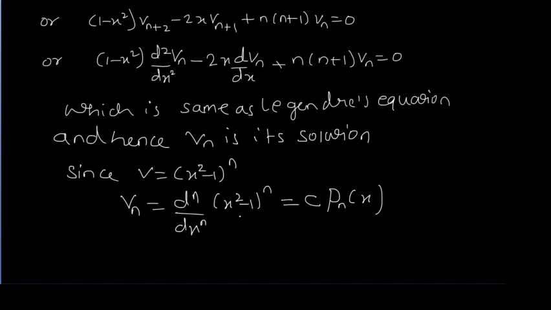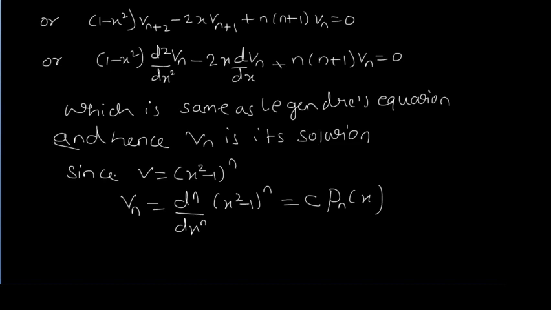Why Pn of x? Pn of x is a Legendre's equation of first kind, where you obtain all the terms as multiples of x square minus 1. So therefore we replace Vn equal to C into Pn of x.